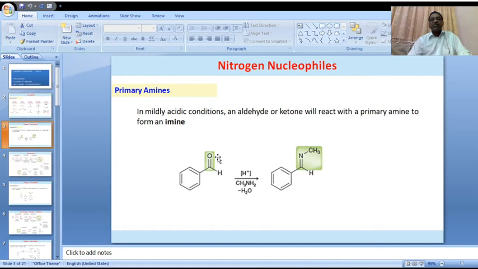What happened? There is loss of a water molecule to form this C double bond N compound, attached with methyl. This type of compound is named an imine. Imine is produced in this reaction with the use of primary amines.